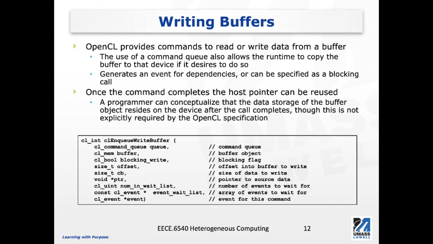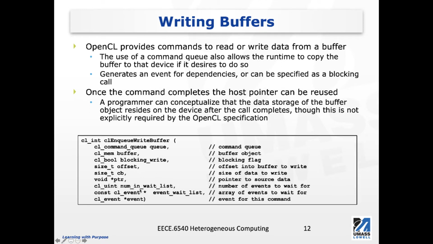This slide shows the details of the clEnqueueWriteBuffer API call. As we can see, this API takes the command queue as the argument, the buffer object, and a flag indicating whether it's a blocking write or not. It also needs to specify the offset into the buffer to write to, the number of bytes to be written, and the pointer to the source data we want to copy from.